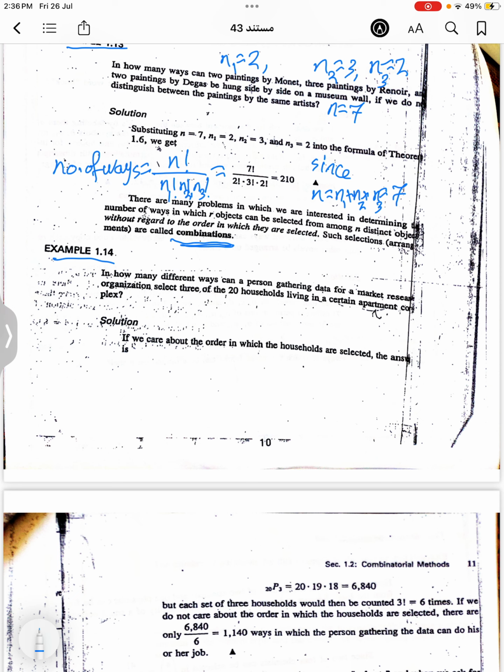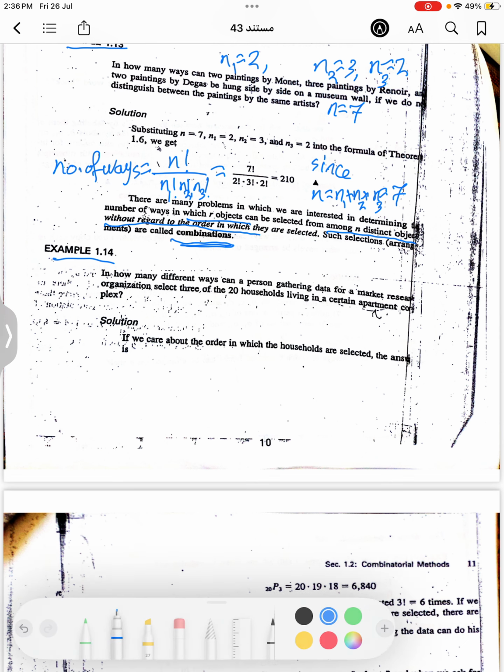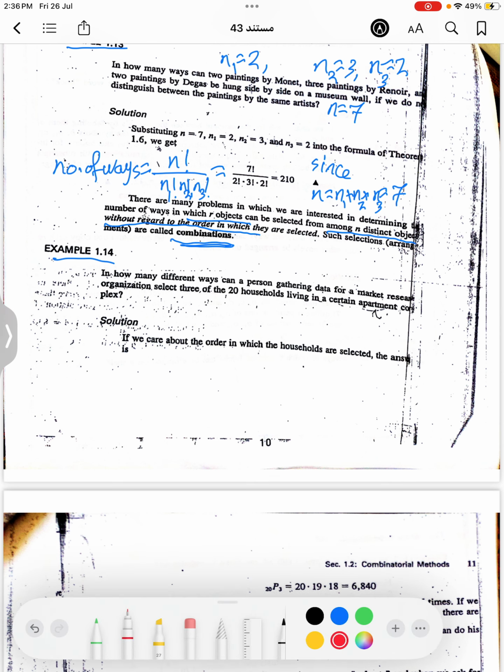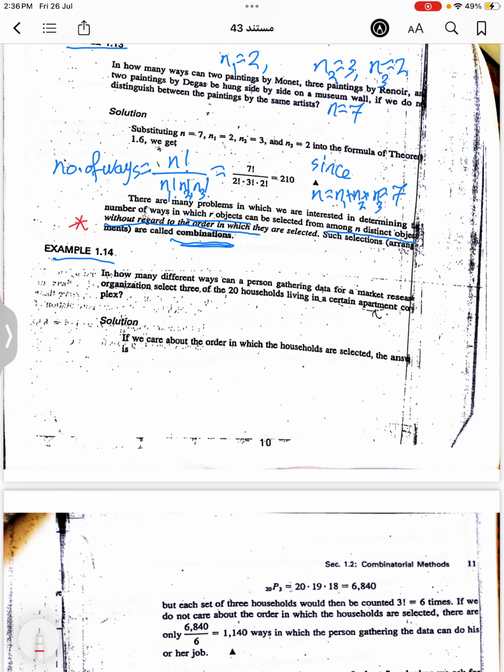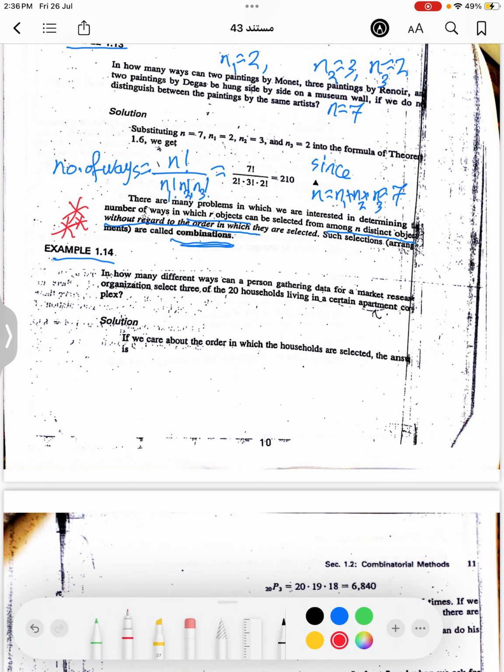There are many problems in which we are interested in determining the number of ways in which R objects can be selected from among n distinct objects without regard to the order. This is an important condition: without regard to the order.